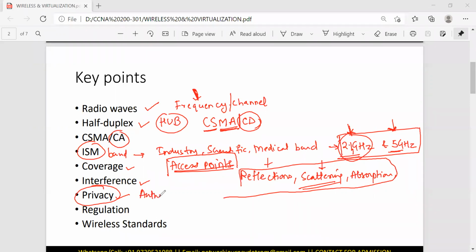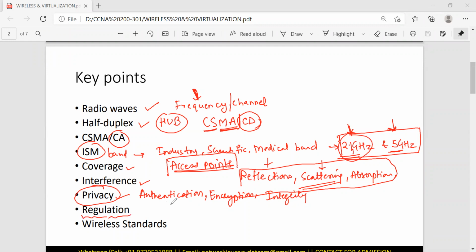With the help of these two mechanisms, we can solve this bottleneck. So authentication, encryption. We also need a good integrity check, so that our data is not being modified. These are the primary concerns when you are dealing with wireless devices or wireless connections.